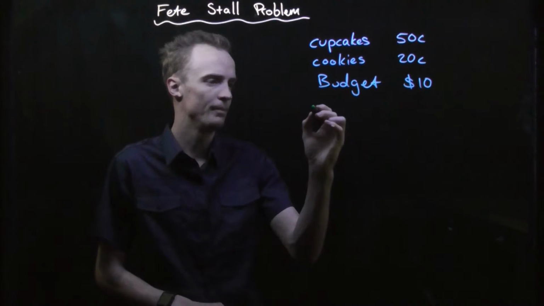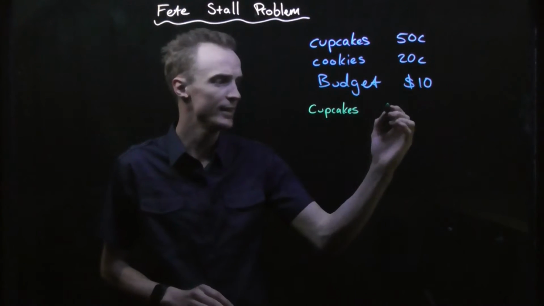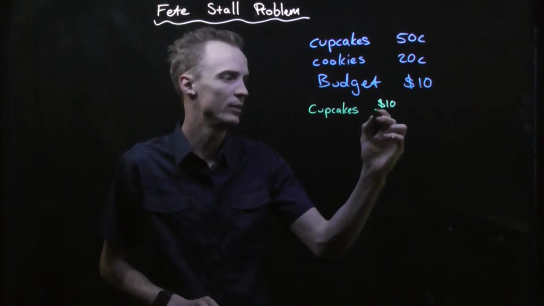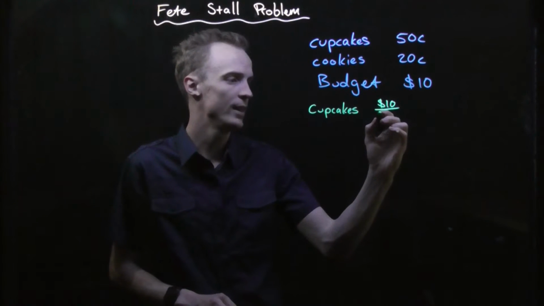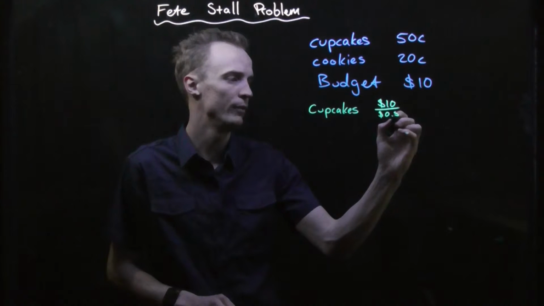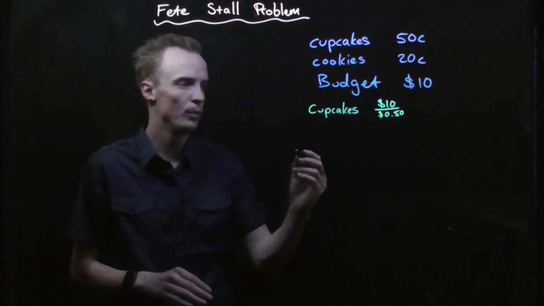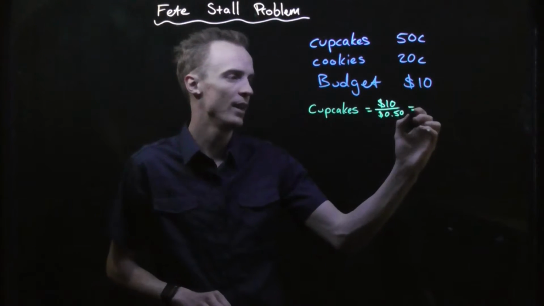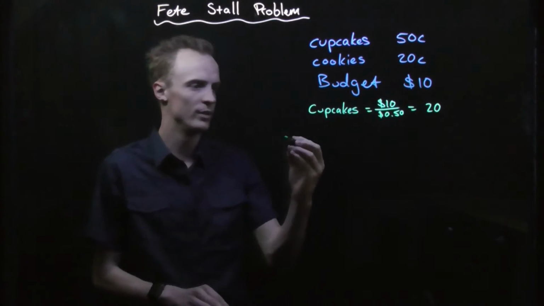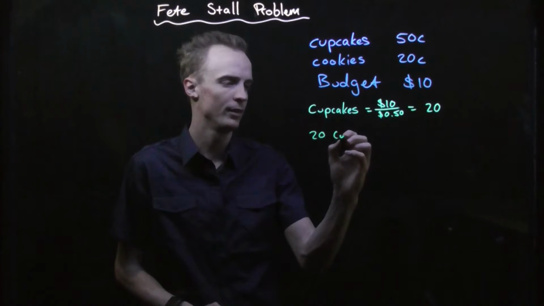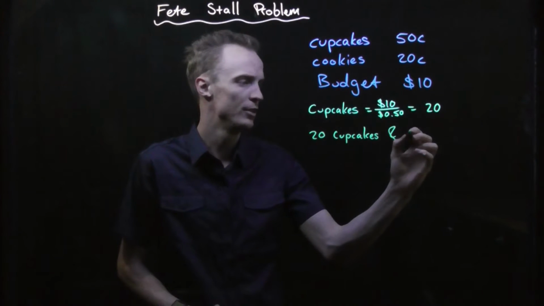Well, to work that out, we take our $10 and we divide it by the cost of the cupcakes, which in this case is 50 cents or 0.50. Now, if we were to buy nothing but cupcakes, that will give us 20 cupcakes. So one of our options is to buy 20 cupcakes and no cookies.